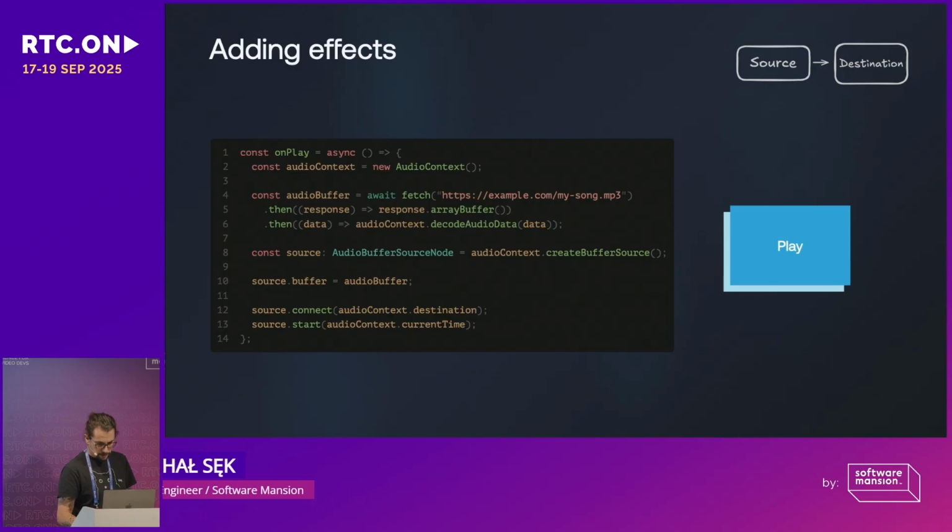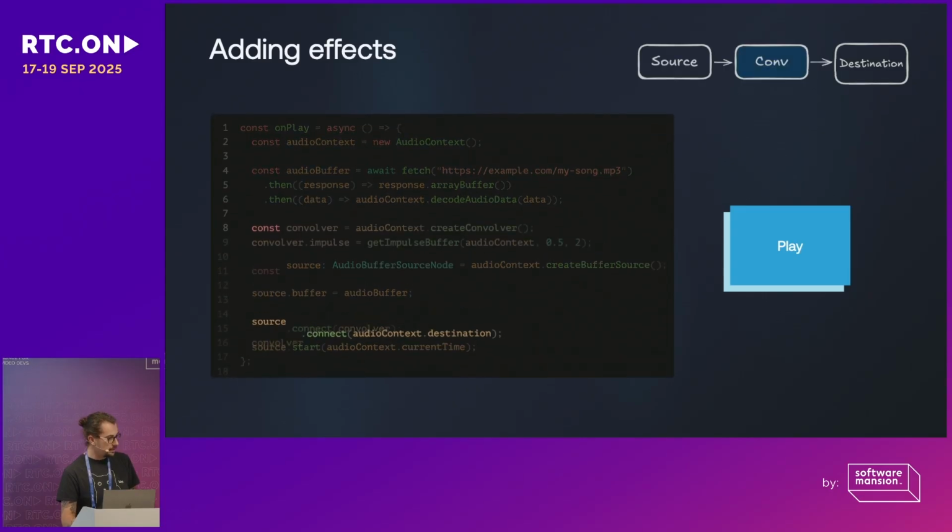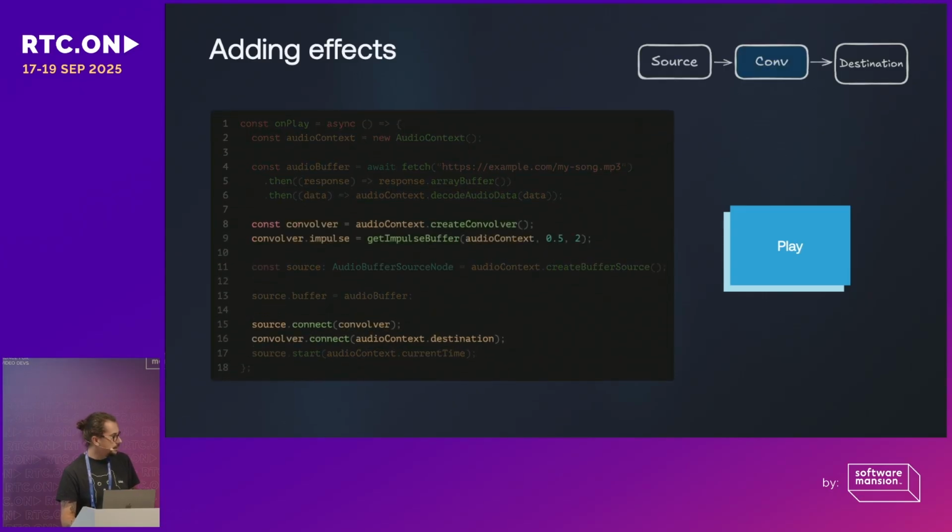Imagine we want to modify the sound to sound like it is played in some large production hall, and to achieve that we can use our first processing node, which in this case will be a convolver node. As the name suggests, it computes linear convolution between two signals. One is the song that is flowing through the graph.